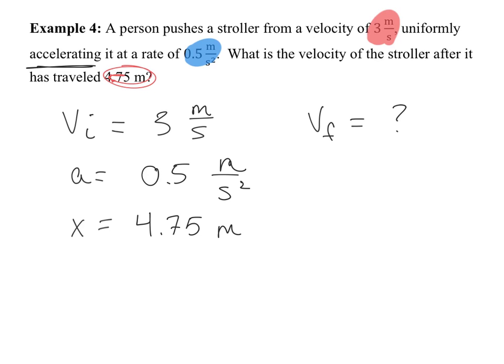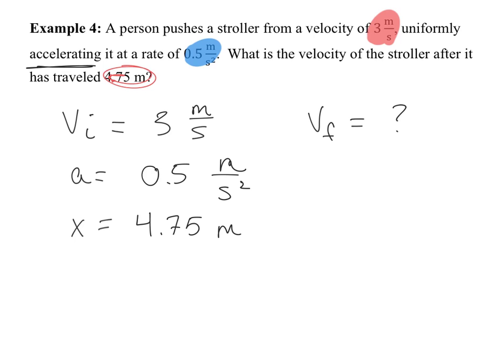Maybe the person started here and walked 3 feet. Maybe they started here and walked 3 feet. But either way, x would be 3 feet or delta x would be 3 feet. I don't know the final and initial. If a problem gives you the final position and an initial position, subtract them to give yourself x. So inherently, Nick, this is delta x, but it's not written that way.